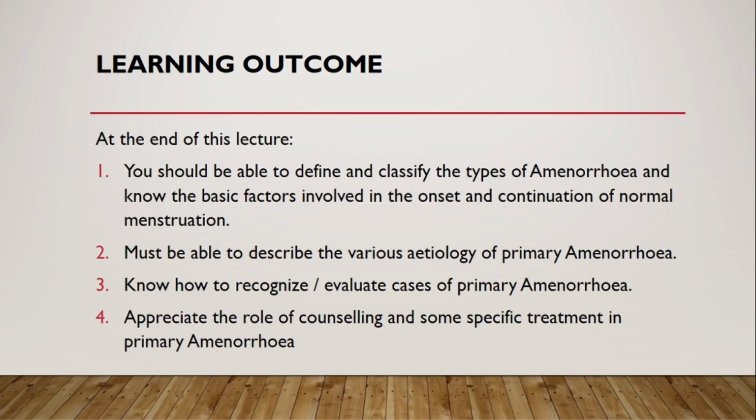At the end of this lecture, you should be able to define and classify the types of amenorrhea and know the basic factors involved in the onset and continuation of normal menstruation. Two, you must be able to describe the various etiologies of primary amenorrhea.